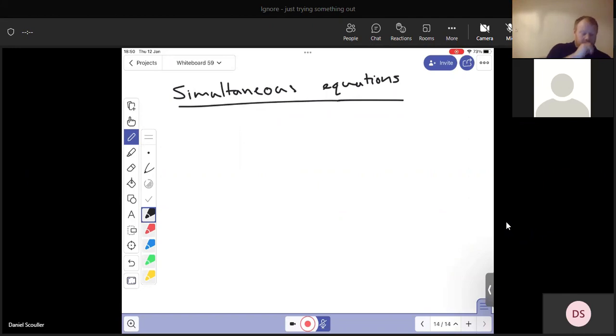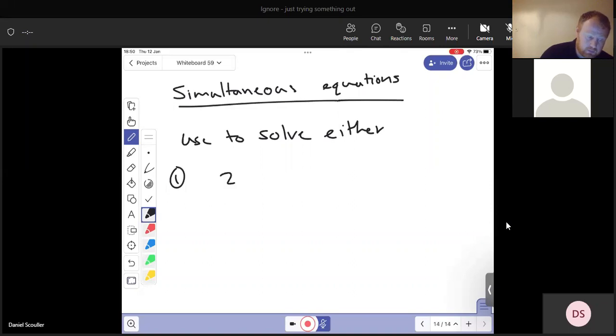All right. So simultaneous equations, why do we use them? Well, we can use them to solve two equations that both have two unknowns.